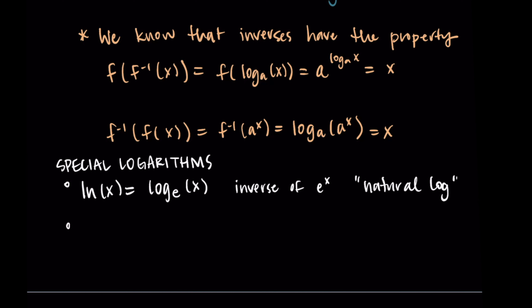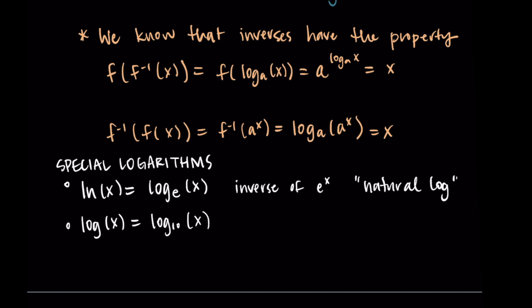That's just shorthand so we don't have to write log base e all the time. And then the other one we have is base 10. So anytime there isn't a base written, and it's just log of x, you can assume that there's a hidden base 10. The idea here is that our counting system, at least in Western society right now, has a base of 10. So we do 1, 2, 3, 4, 5, 6, 7, 8, 9, 10. And then we start counting 10 more. So we do 11, 12, 13, 14, 15, all the way up to 20.